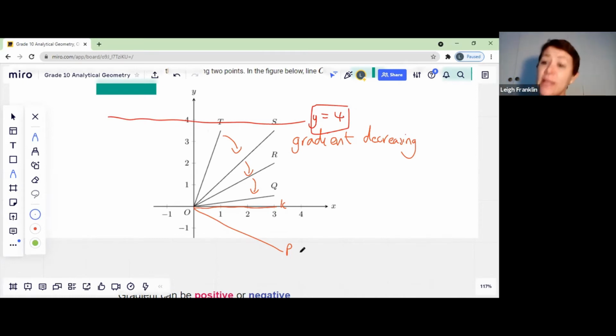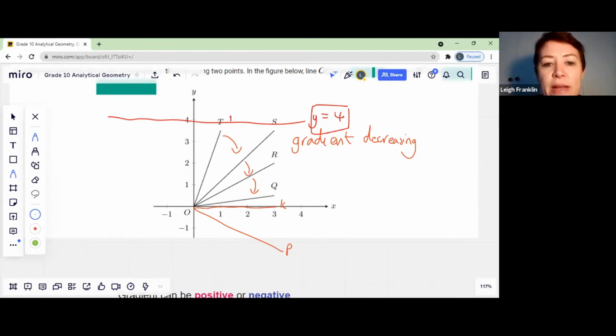It can, yes, Sam. So often these lines are asymptotes. Sometimes we have vertical asymptotes, sometimes we have horizontal asymptotes. An exponential function has a horizontal asymptote. So does a hyperbola. But anyway, we're talking about gradient in this particular case.